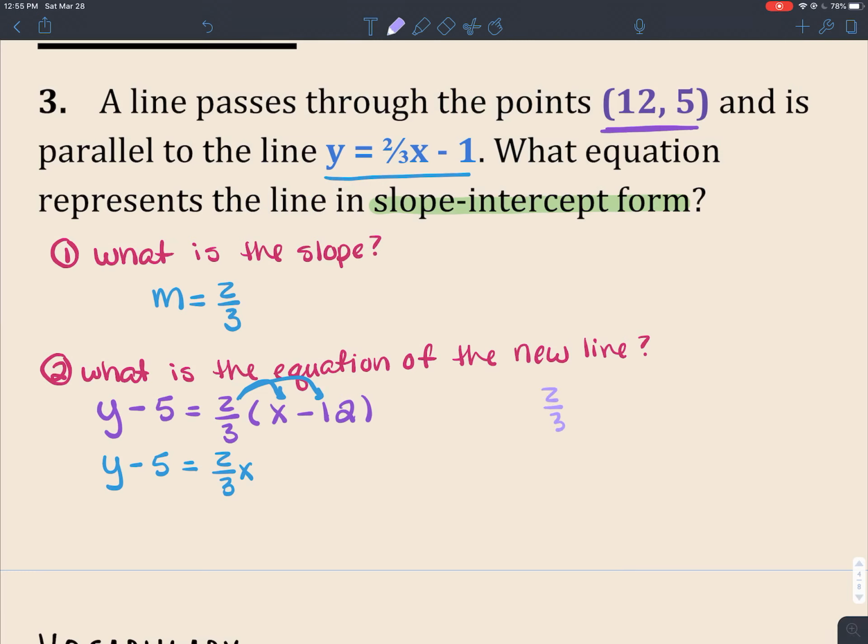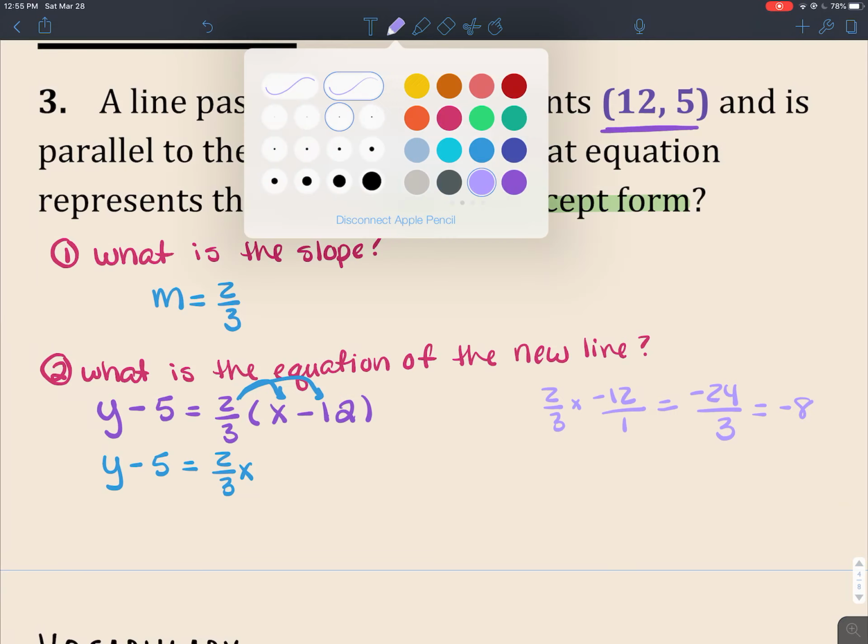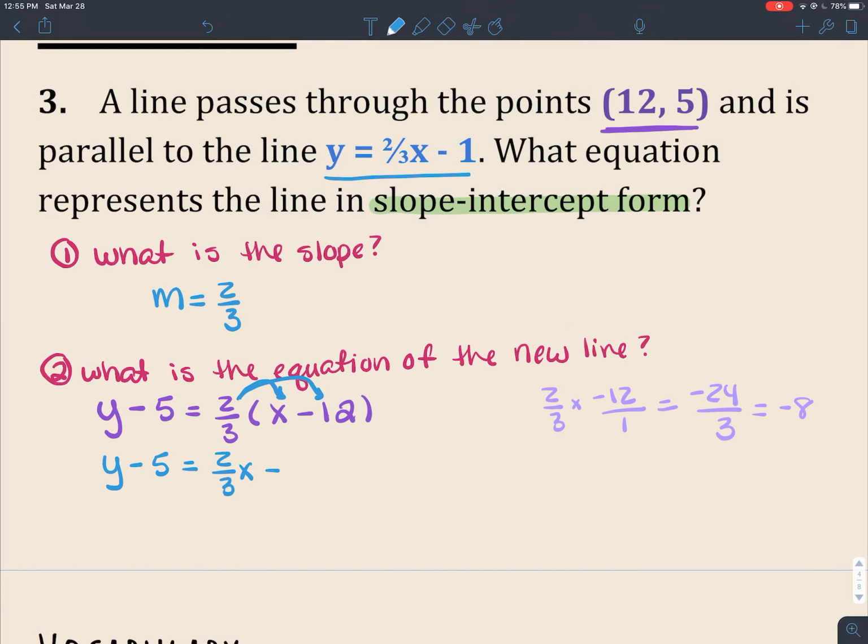We have to rewrite negative 12 as a fraction over 1 and then multiply across. So 2 times negative 12 is negative 24, and 3 times 1 is 3, and we can reduce this to get negative 8. So I am going to put minus 8 down below.